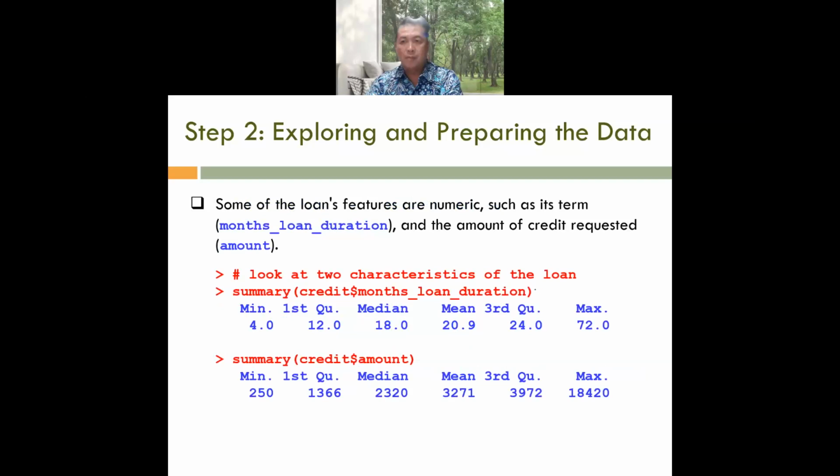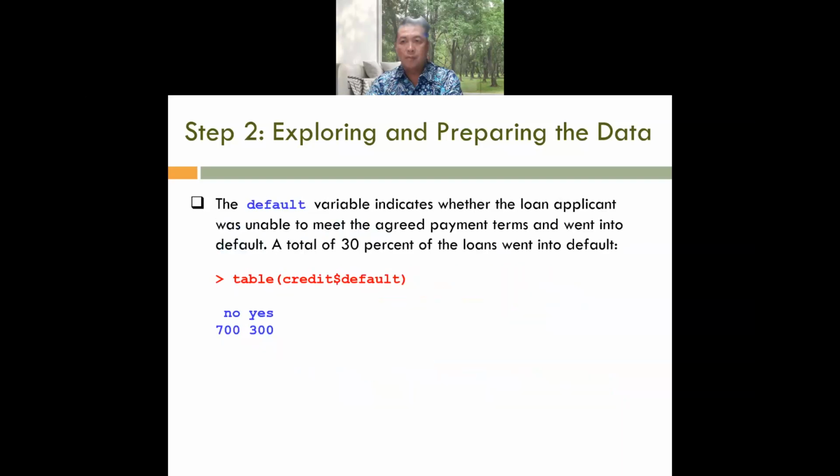Could also look at the summary of the loan duration, so minimum and maximum and median, mean. So this is the amount of loan. Maximum 18, minimum is 250. And we could also look at the proportion of the classes that we have.